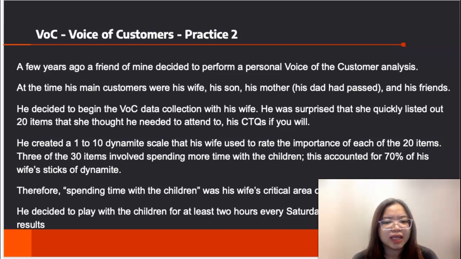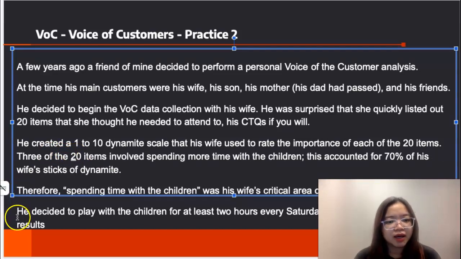And then he figured out that he cannot afford all 20 items, so he started to create a 1 to 10 dynamite scale, and asked his wife to use it to rate the importance of each of the 20 items. And 3 of the 20 items were more important.